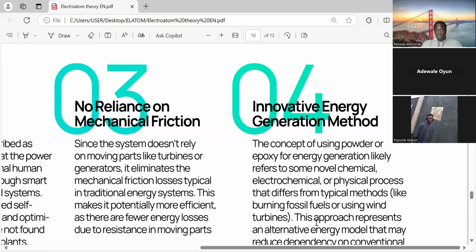Our innovative energy generation method differs from the traditional means because we don't depend on wind, we don't need turbines, and we don't need fossil fuel to generate electricity. We are making use of something that is really out of the chart, and it has worked because we've done an experimental sample. We used ordinary wheat flour to generate electricity, and we were able to generate a little amount.